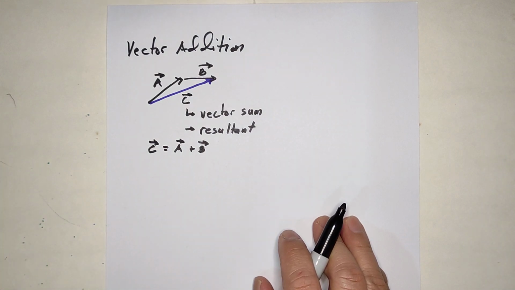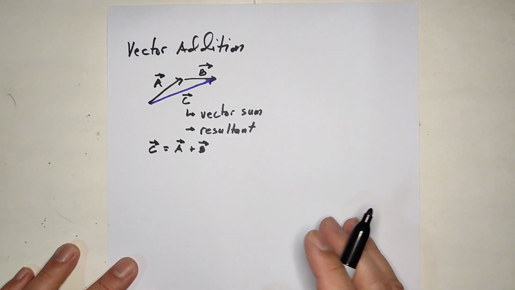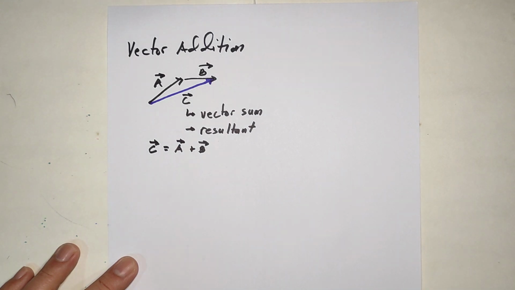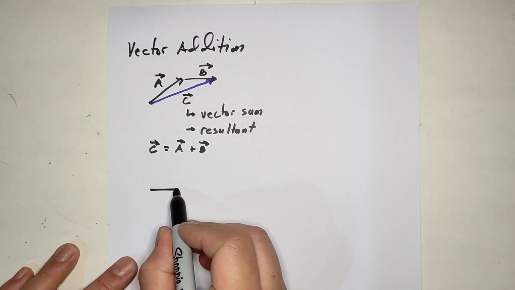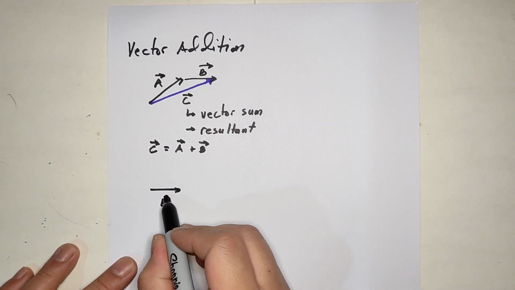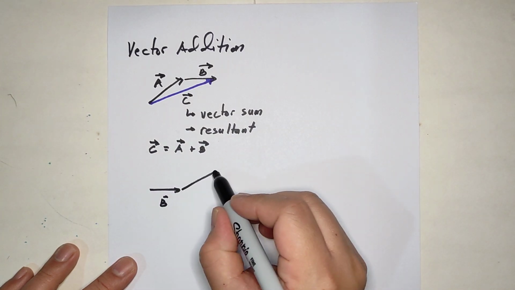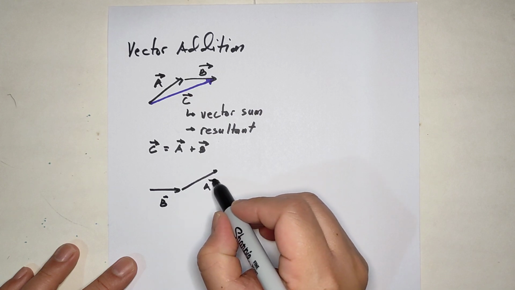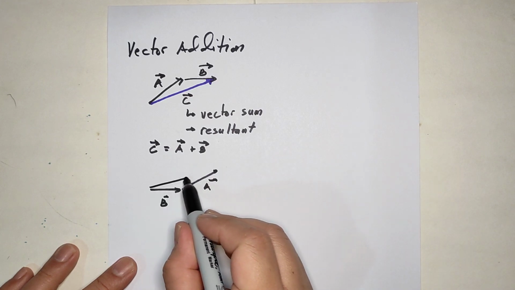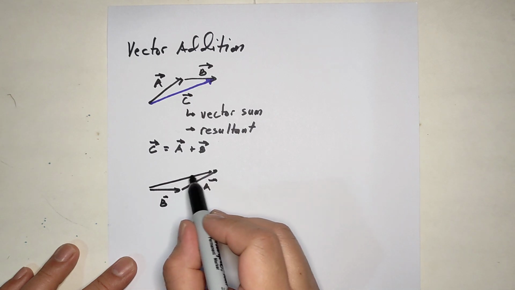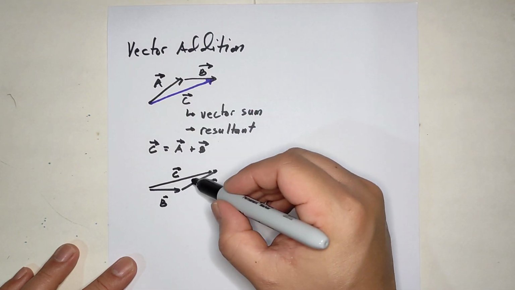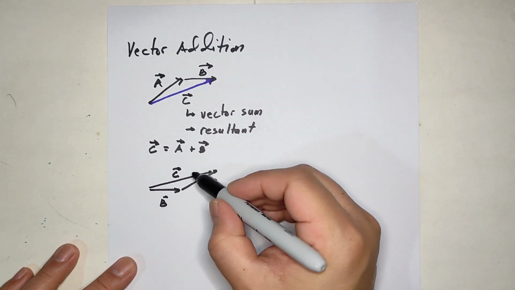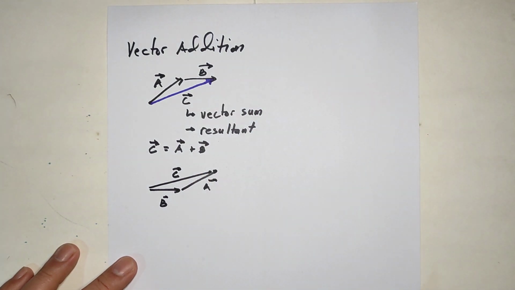Now we could also say that this is B, vector B, then this is vector A. This sum vector is the same as this one. Okay, they are just the same.